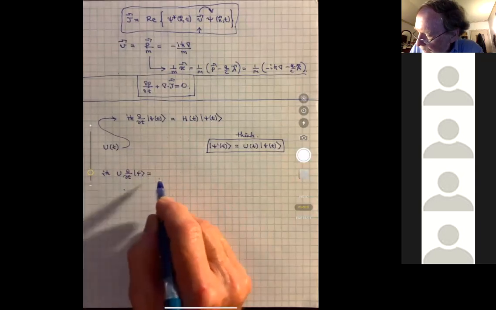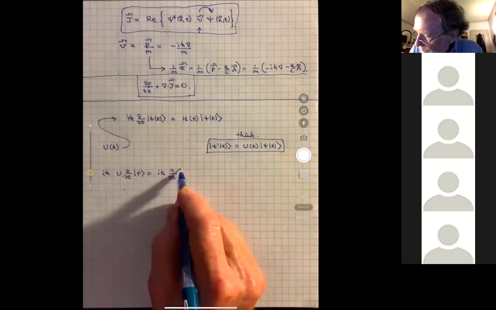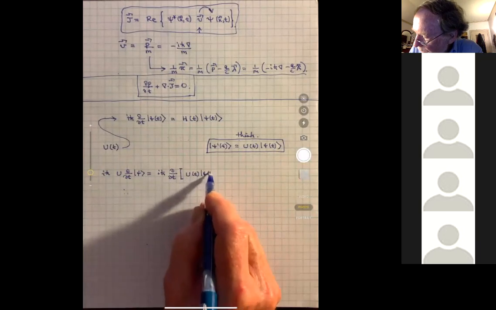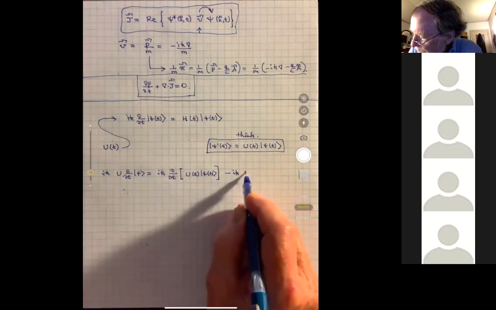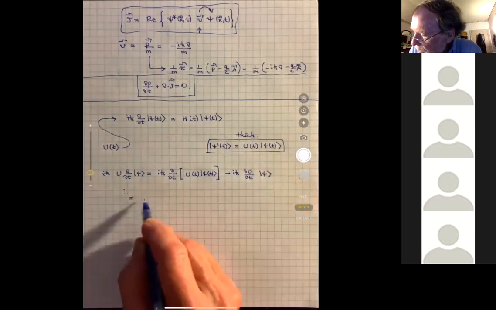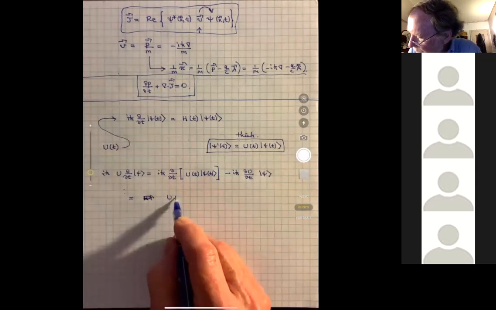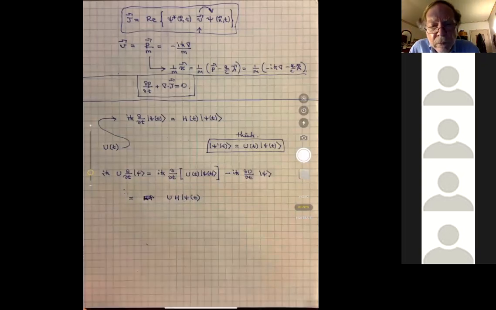But that's the same thing as iħ d/dt taken on the product of U of t times psi of t, and then a correction term, which is minus iħ dU/dt, multiplying the old psi vector like this. And that's equal to H psi, which hasn't changed. Oh, excuse me, I multiplied through by U. So the right-hand side becomes U times H times psi of t.